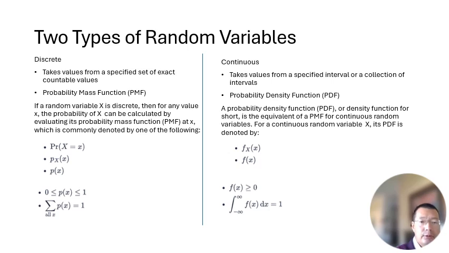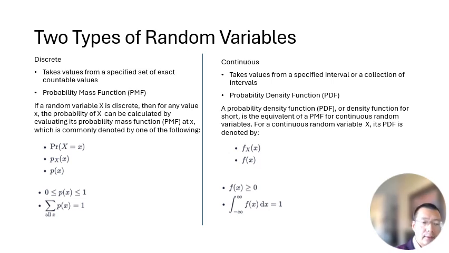For continuous, f(x), the PDF, is always greater than or equal to 0.